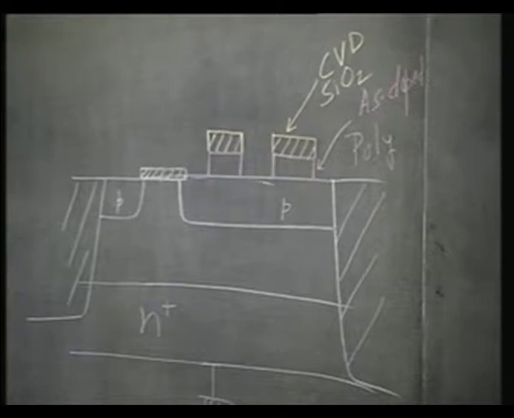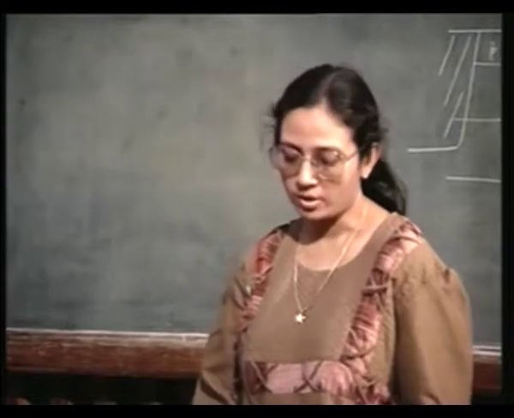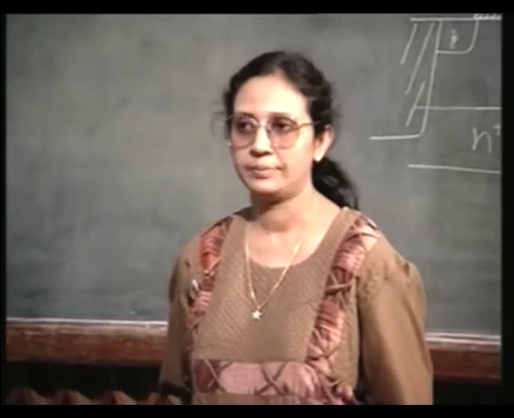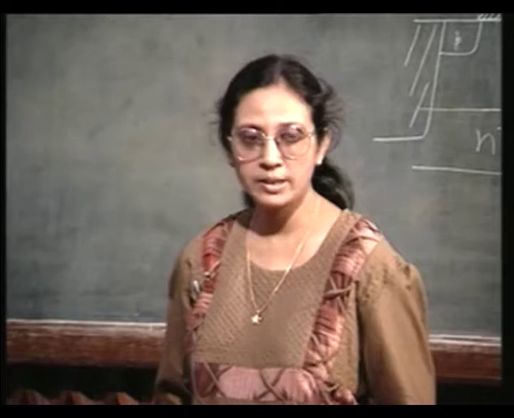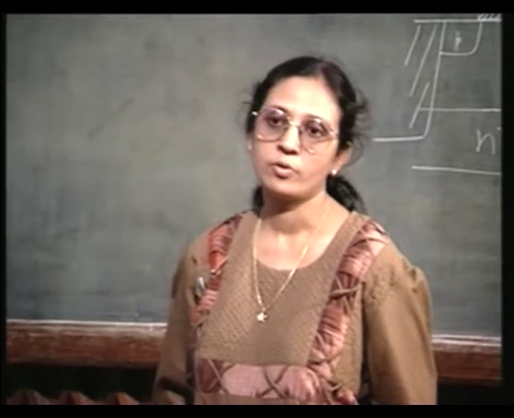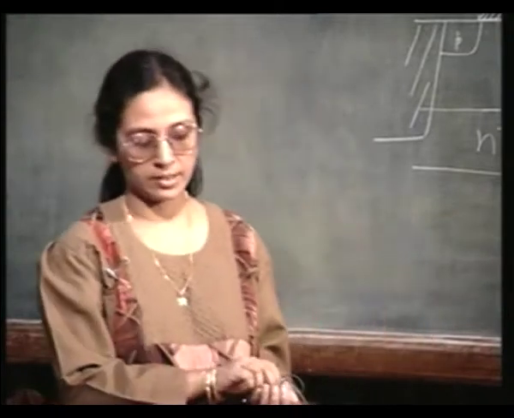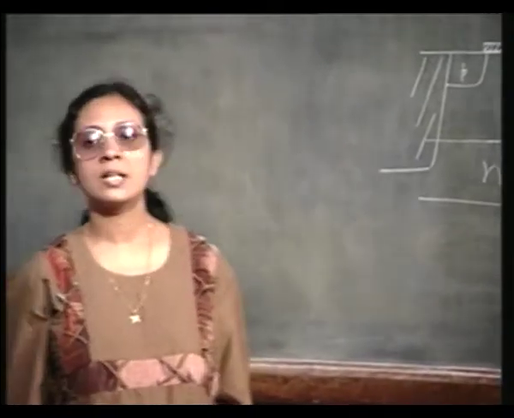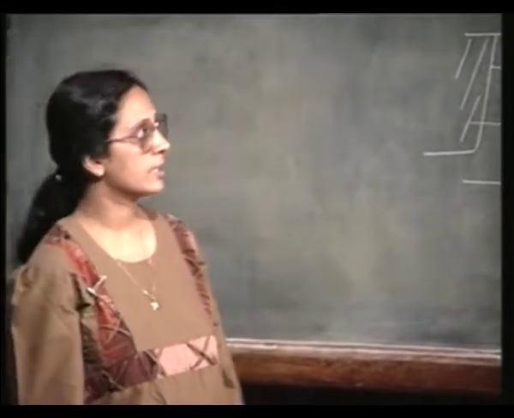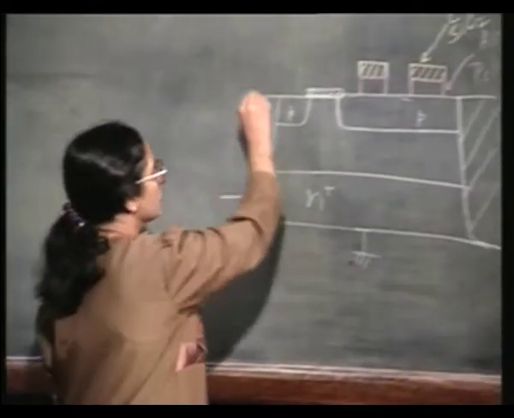If it is, it is a short. In that case, I will have a base collector short. So, I must put the base contacts properly. How do I do that? In doing this, we take the help of another CVD layer of silicon dioxide. That is to say, we deposit another silicon dioxide layer by chemical vapor deposition.